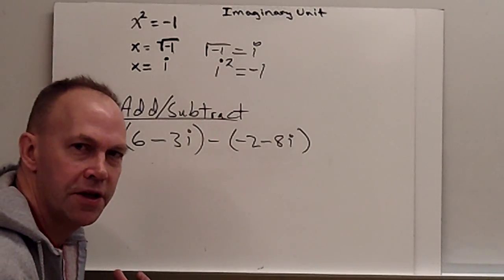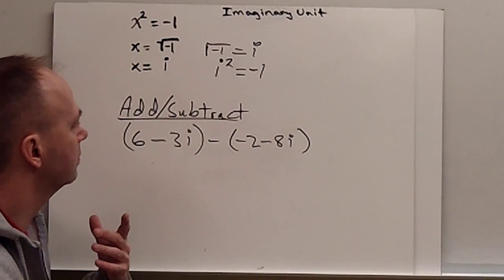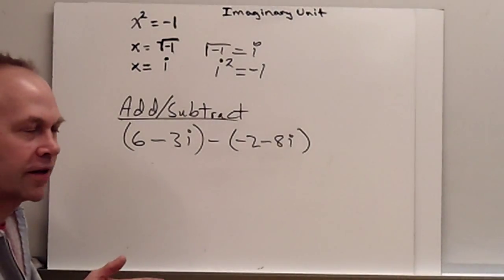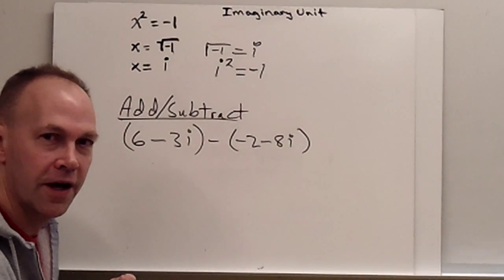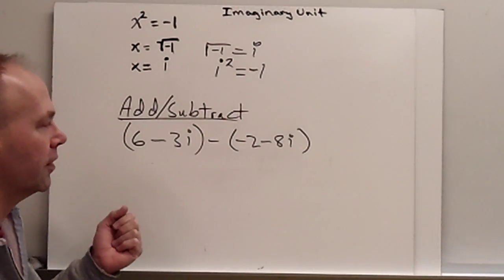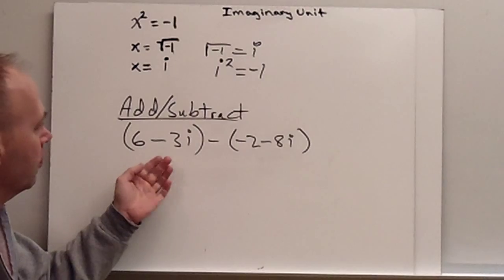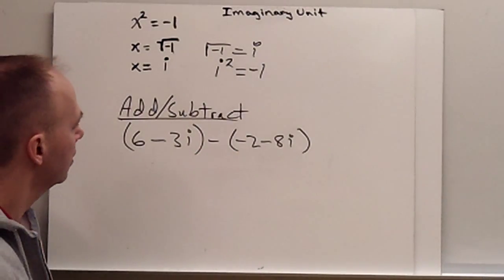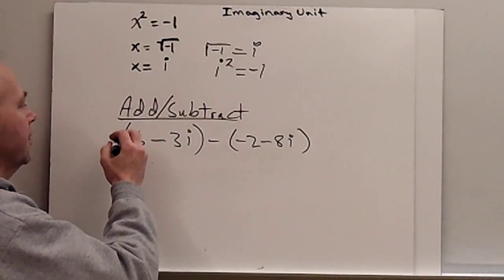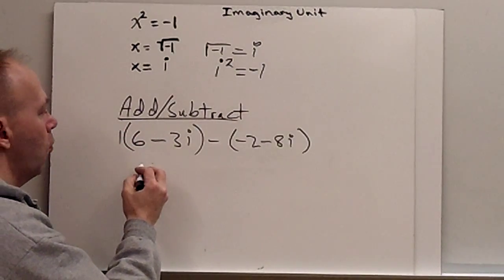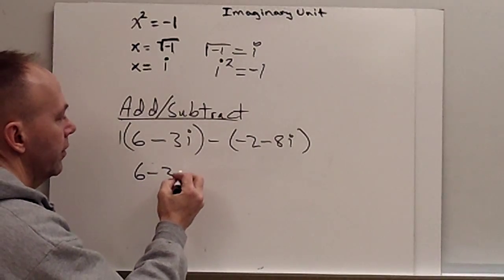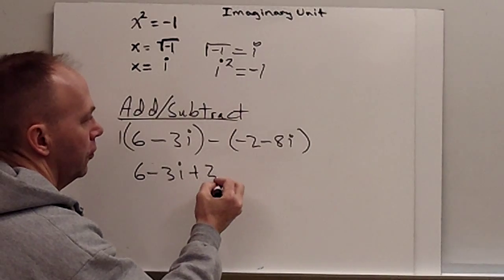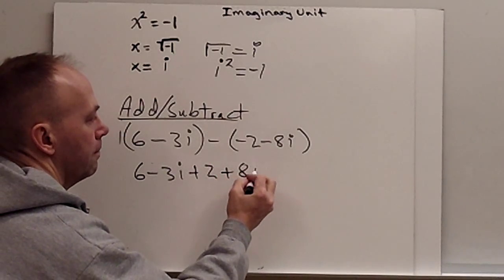Again, making the analogy to polynomials, we said adding and subtracting i's is like adding and subtracting x's. It's like adding and subtracting binomials. It's like 6 minus 3x minus negative 2 minus 8x. I would get rid of the parentheses, distributing that 1. I can just drop parentheses. Here I distribute a negative 1, so I'd have plus 2 plus 8i.